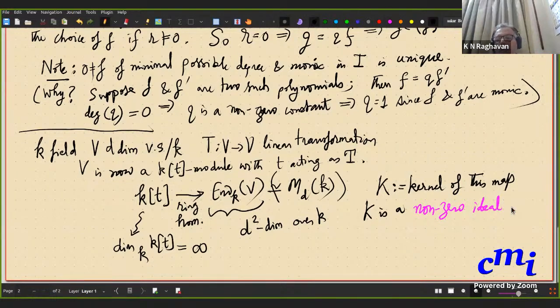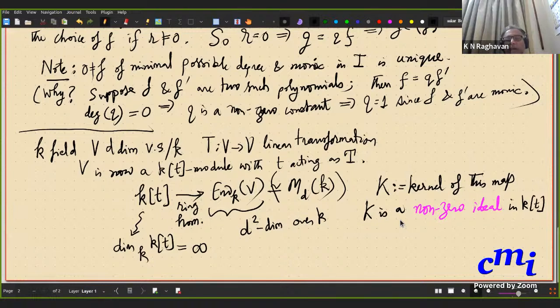Is this clear? Because if the kernel were 0, then this would mean it's an injection, and it would mean that you have an infinite dimensional vector space injecting into a finite dimensional vector space. That is not possible. So this kernel must be non-zero.